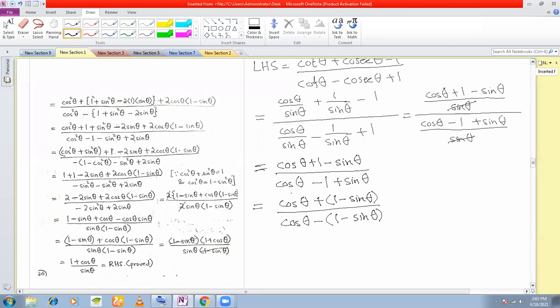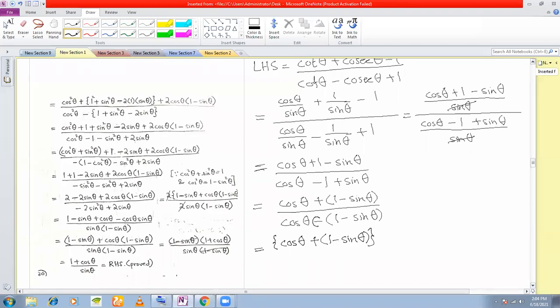If you see, in the numerator you have a plus b form, and in the denominator you have a minus b form, right? So what you do is you multiply the numerator and denominator by a plus b, that is just opposite to the form that is in the denominator. So you have cos theta, first write the numerator as it is, plus 1 minus sine theta.